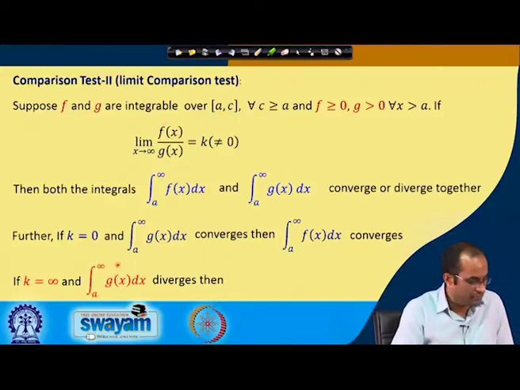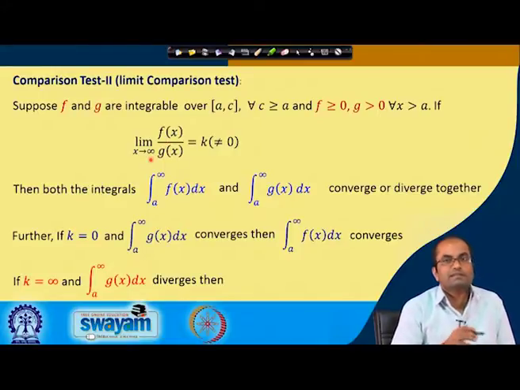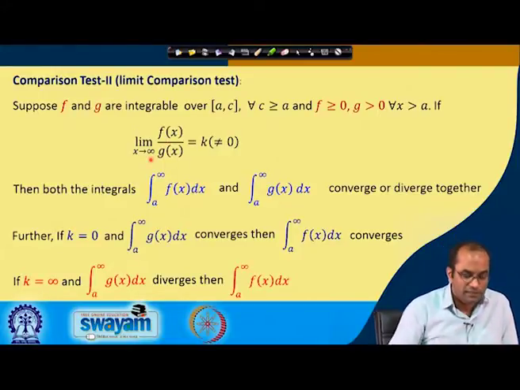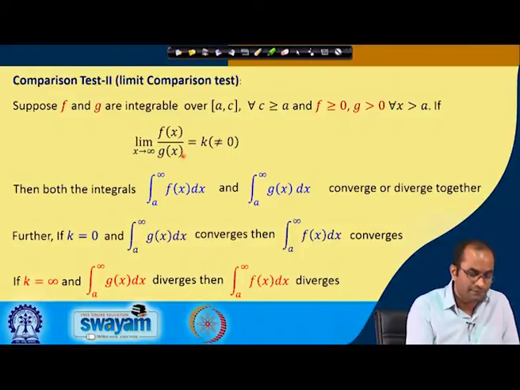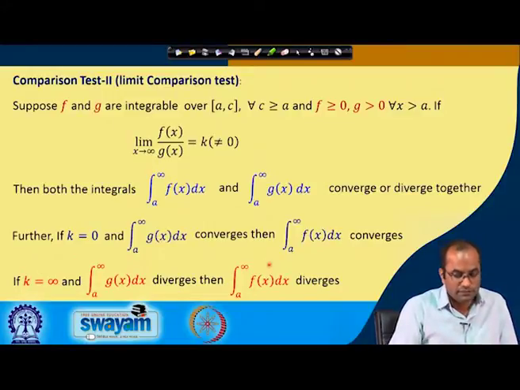So if g diverges, we can say that the integral of f will also diverge, because f is growing much faster than g and that is why we are getting infinity there.